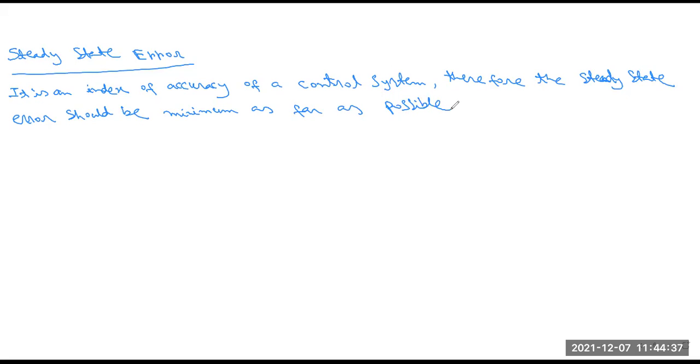This is basically the steady state error. So this steady state error, this value, is an index of the accuracy of any control system.